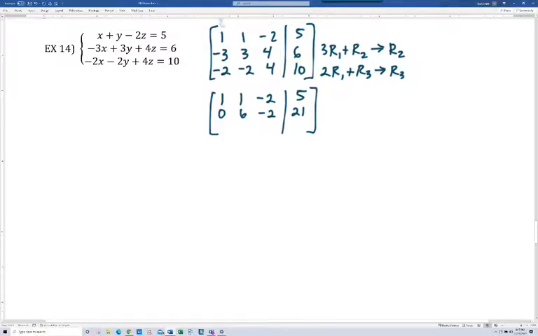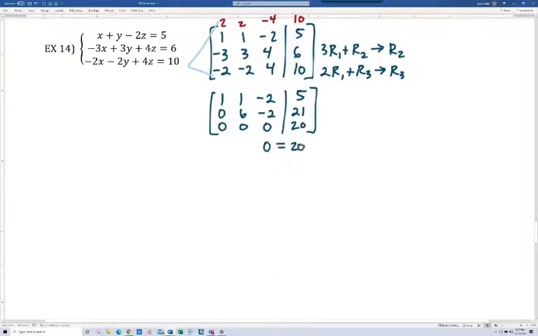So it'll be 2, 2, -4, and 10. And so now we'll add these values together. So we're going to get 2 and -2 is 0, 2 and -2 is 0, -4 and 4 is 0, and 10 and 10 is 20.